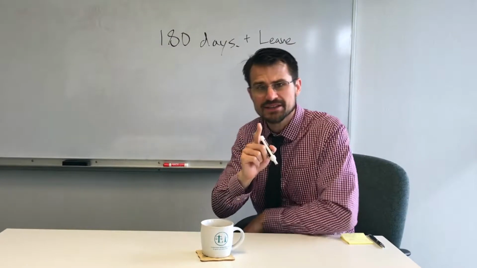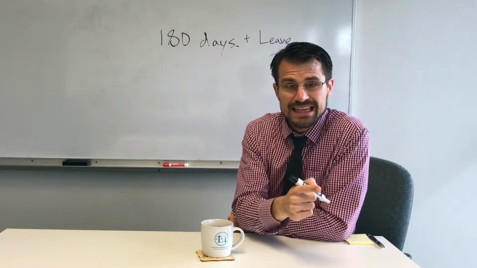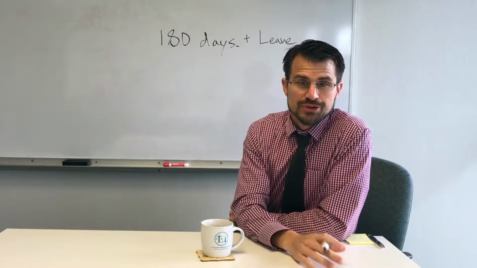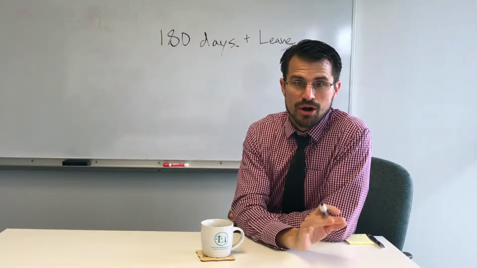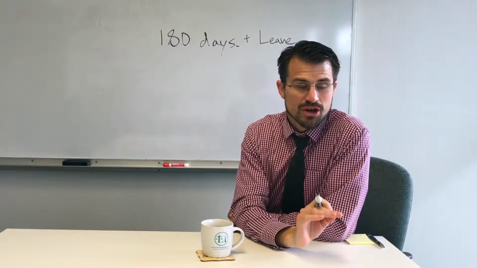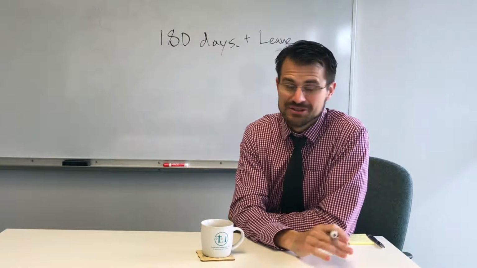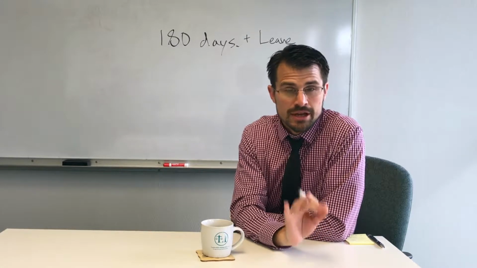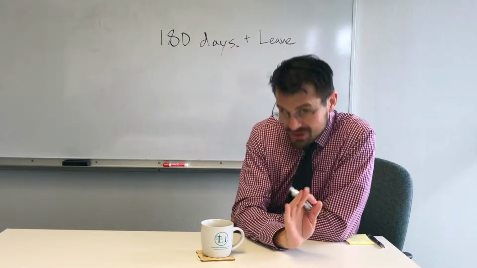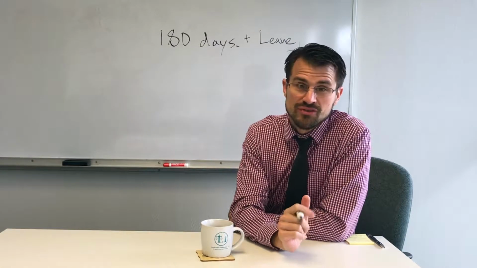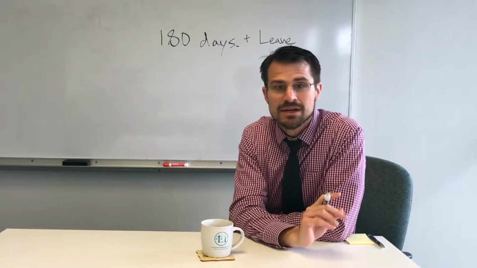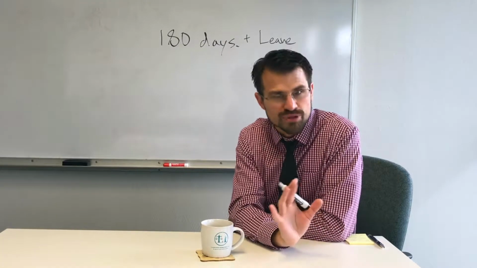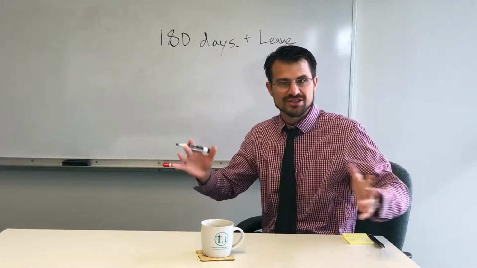If you have 180 days of unlawful presence and you leave the United States, you trigger what they call the 3-year bar. You trigger what they call inadmissibility. You're not eligible for a visa or a family-based green card or an employment-based green card for 3 years, all right? You can still qualify for other things: U visas, asylum, withholding of removal, protection under the Convention Against Torture, things like that.